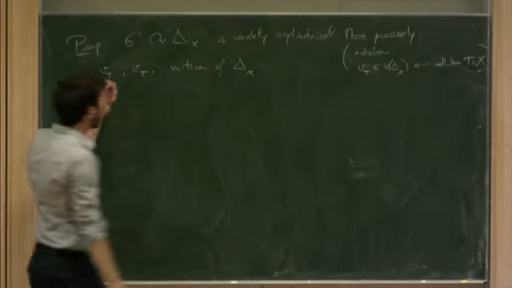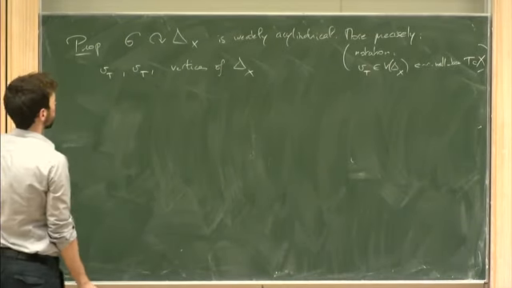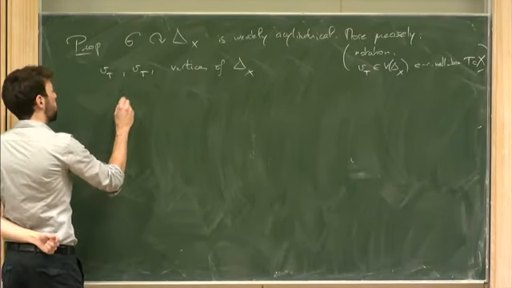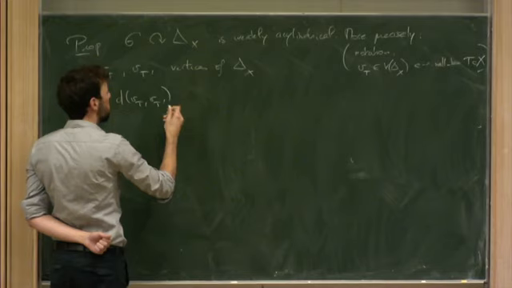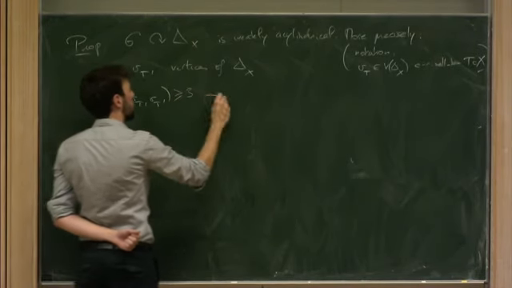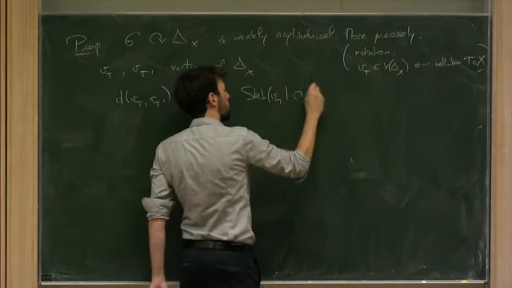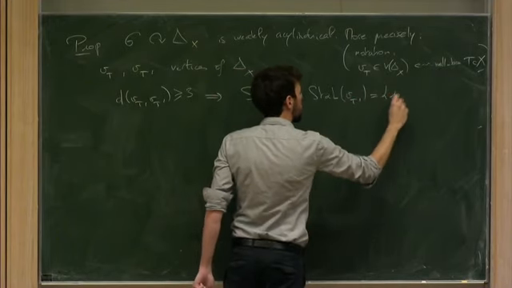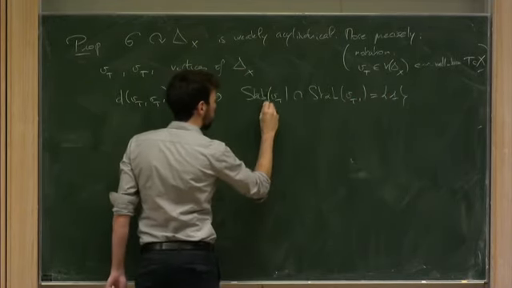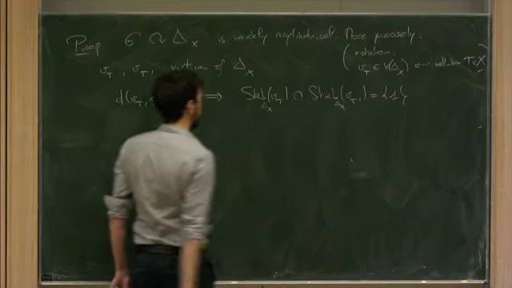So I'm taking two vertices of delta x corresponding to two wall trees T and T'. If V_T and V_T' are far apart, actually just at distance at least 3, then their stabilizers intersect trivially. Maybe I should say that that's the stabilizer for the action on delta x.